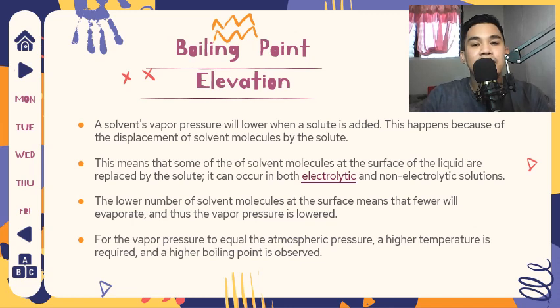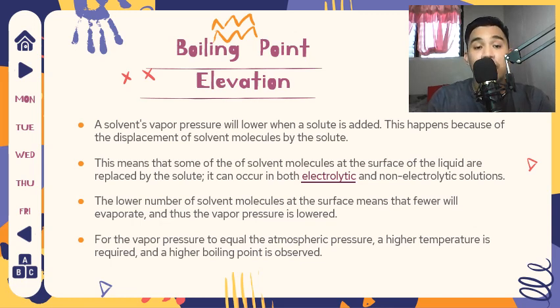So here are some of the concepts of the boiling point elevation. A solvent's vapor pressure will lower when a solute is added. This happens because of the displacement of solvent molecules by the solute. This means that some of the solvent molecules at the surface of the liquid are replaced by the solute, and it can occur in both electrolytic and non-electrolytic solutions.